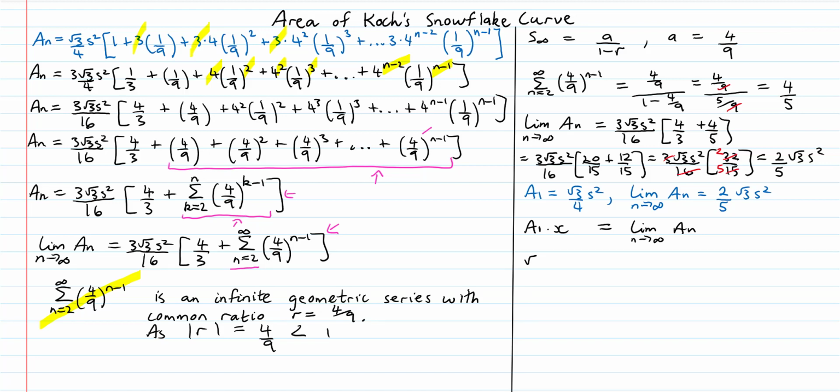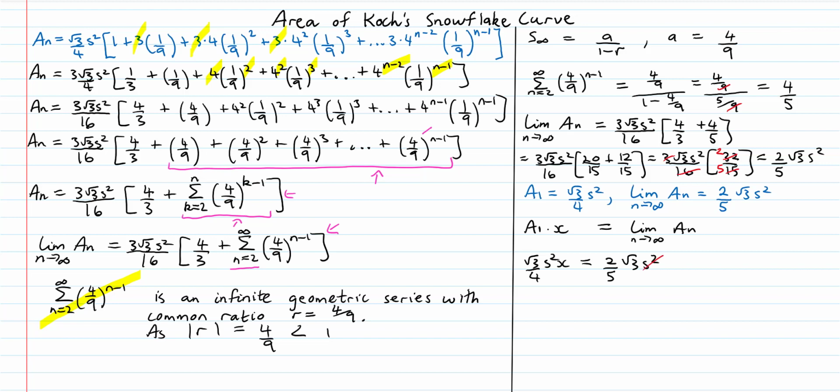So we get then that root 3 over 4 times s squared times x is equal to 2 over 5 times root 3 times s squared. We know that that s squared term is not equal to 0 because s is the length of a side, so s is definitely going to be greater than 0.